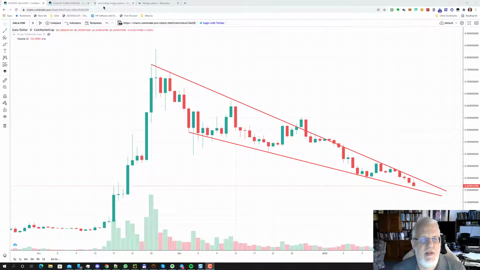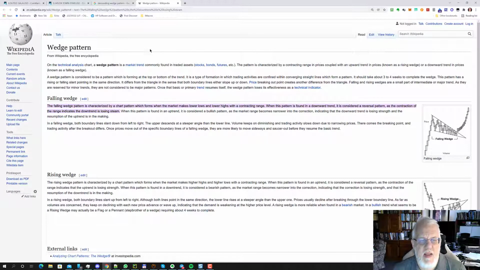I just Googled it, and our good friend Wikipedia comes up, but there are also other good sites like Investopedia. It says the wedge pattern is characterized by a chart pattern which forms when the market makes lower lows and higher highs in a contracting range. So I have one line on my highs and one line on my lows.